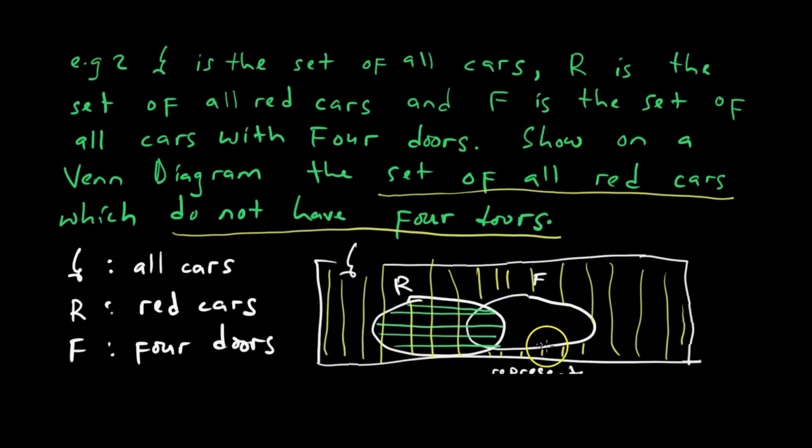We see that inside here is not shaded because that is the domain of 4 doors. The intersection here is also not shaded because there are cars with 4 doors but that are red. So where the lines meet, at the set of all red cars and the set of all cars which do not have 4 doors, that region represents the answer to our question.